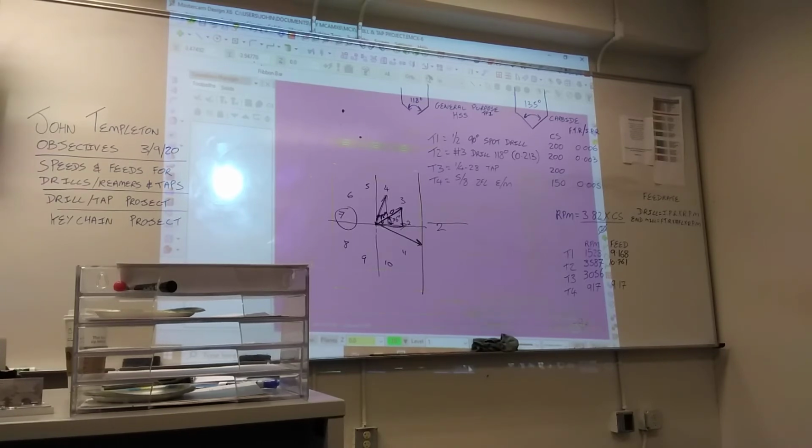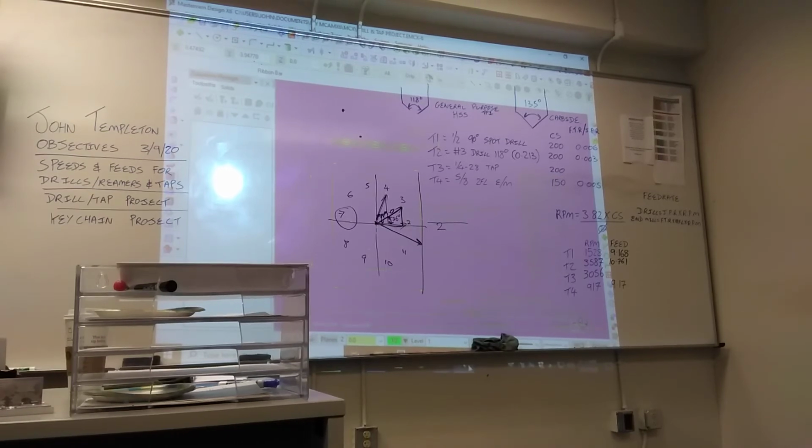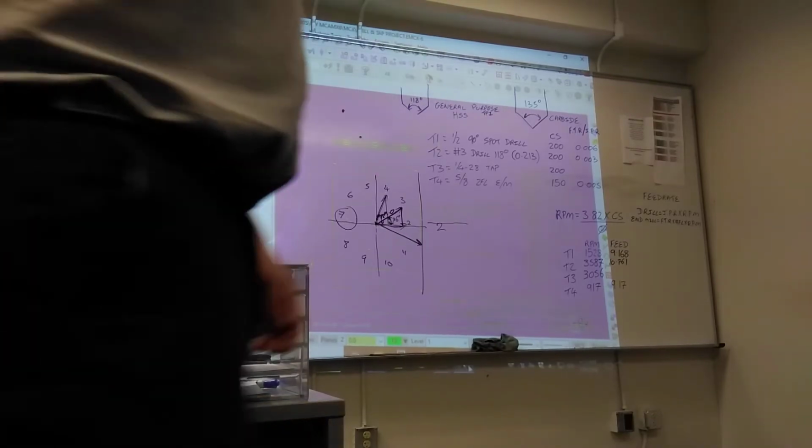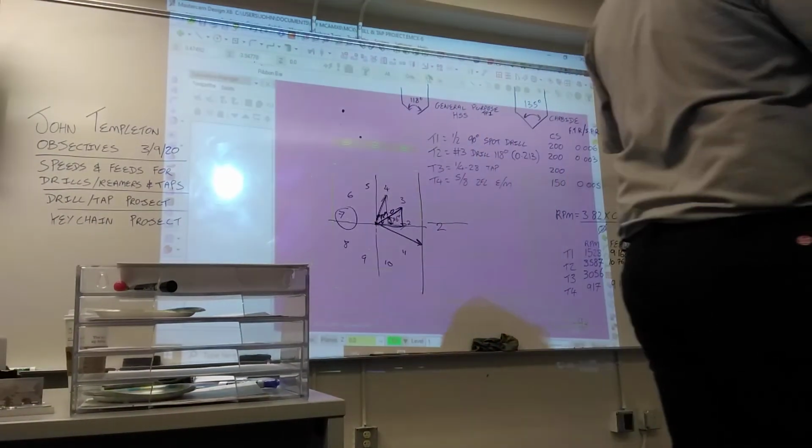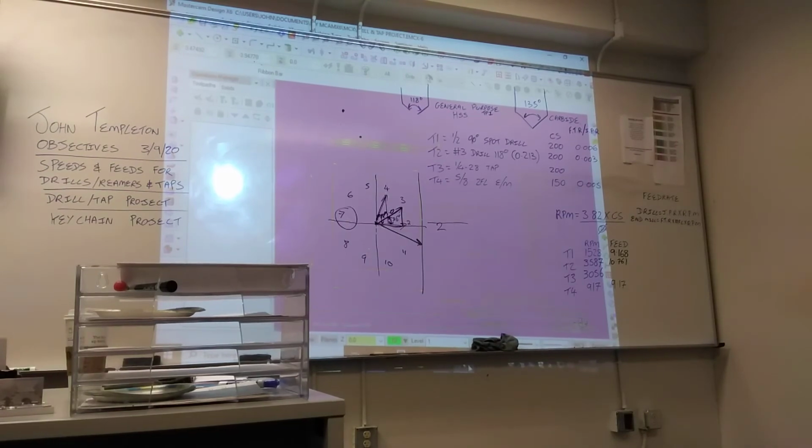Easy to just hit sine 72. It's 0.95. Sine 72 is going to give you the opposite. In this case, the opposite gives you a vertical line. The vertical line represents the Y-axis. Adjacent is going to be cosine, and that is going to give you the X.